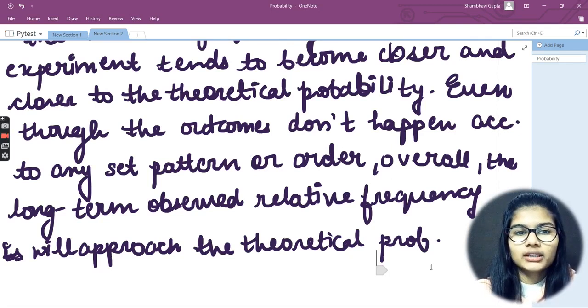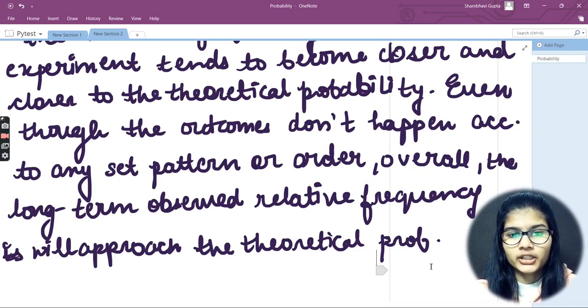Right. So the relative frequency which you have in your experiment will approach closer and closer slowly to the theoretical probability. The long-term observed, meaning the long-term empirical, relative frequency will slowly and gradually approach the theoretical probability.